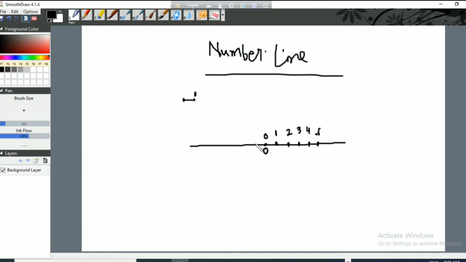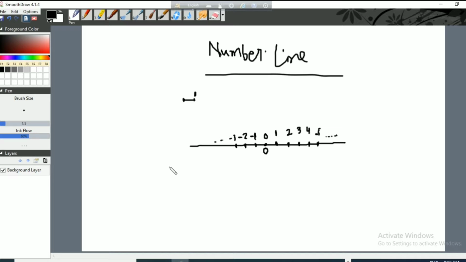If we go the same distance in the opposite direction, this point represents -1, this point represents -2, this point represents -3, and so on. So you have already noticed or imagined that this number line can go up to infinity, and in this direction also it can go up to -infinity.